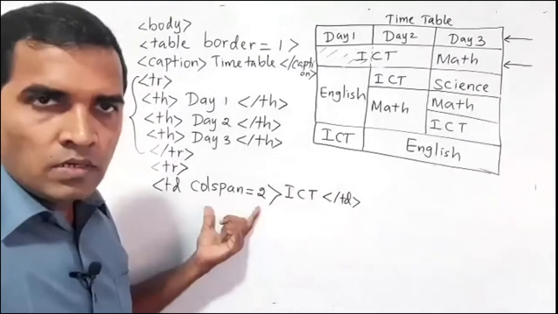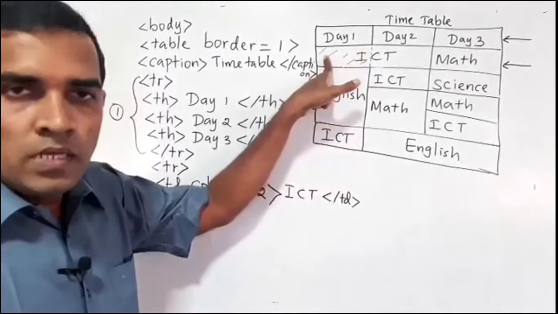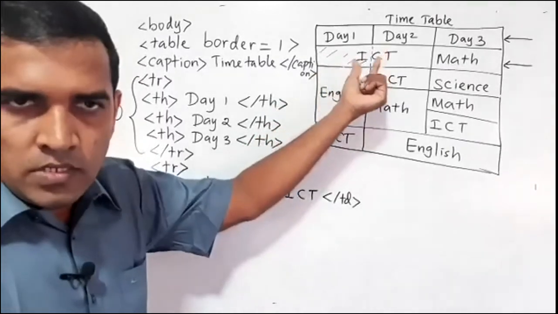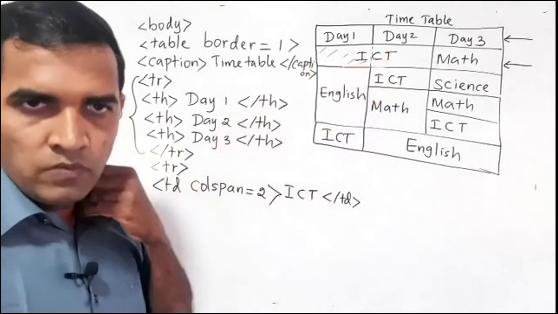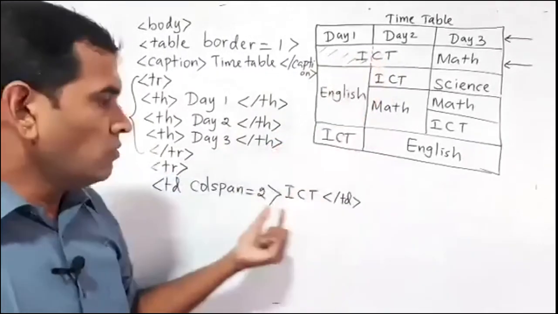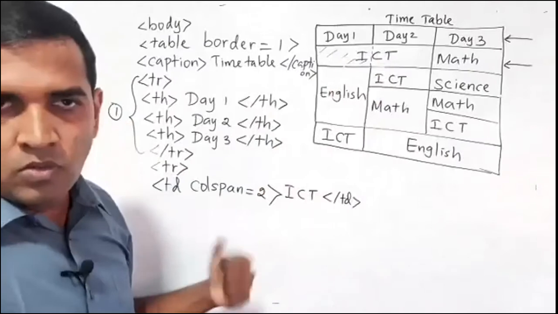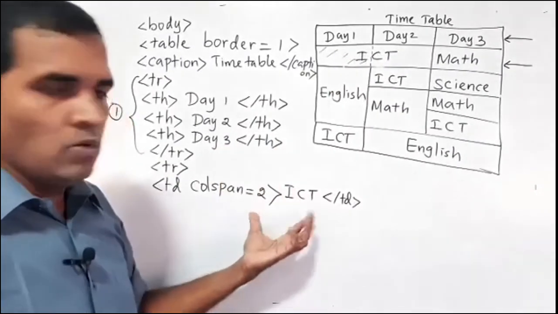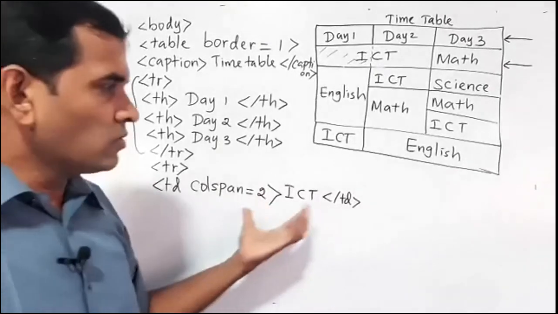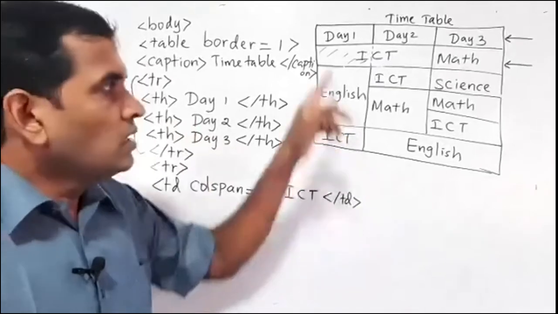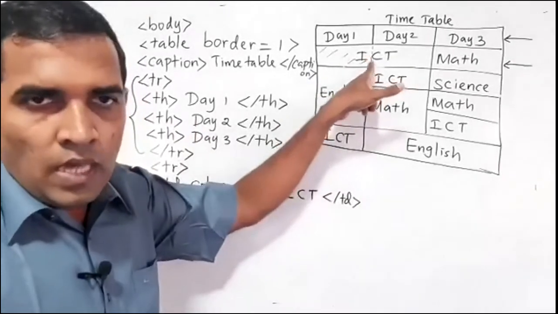If it is written like this, the word ICT will be displayed on the left side, which means left alignment. But here I want it in the center. We discussed that in the previous class. In order to show this in center position, you have to use another attribute called align. Align equals center. But I don't want to include that one because it takes some space, so ignore that. But remember that this is in center alignment.